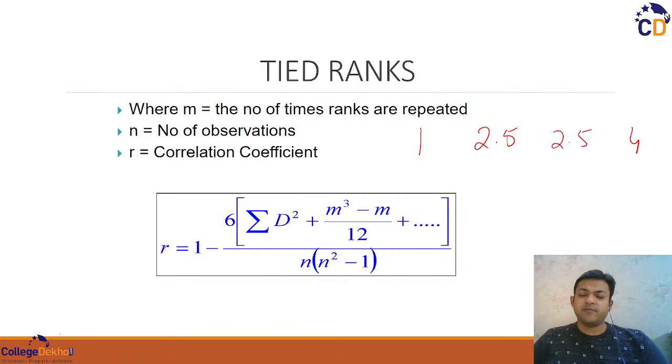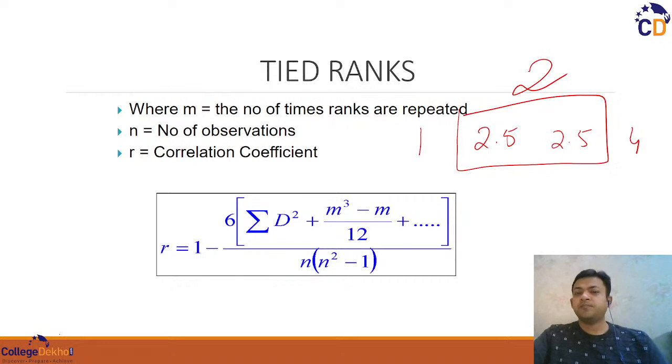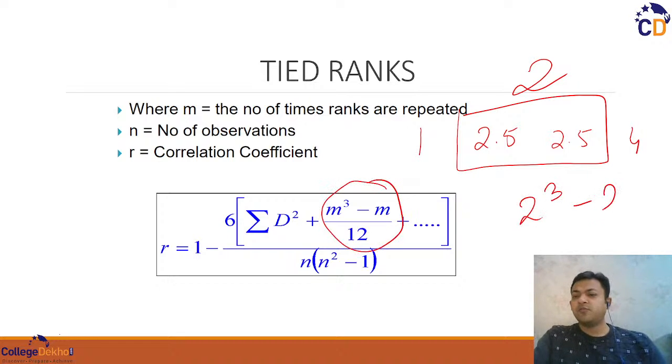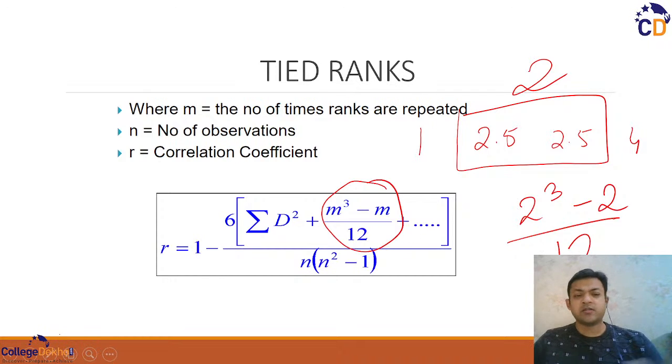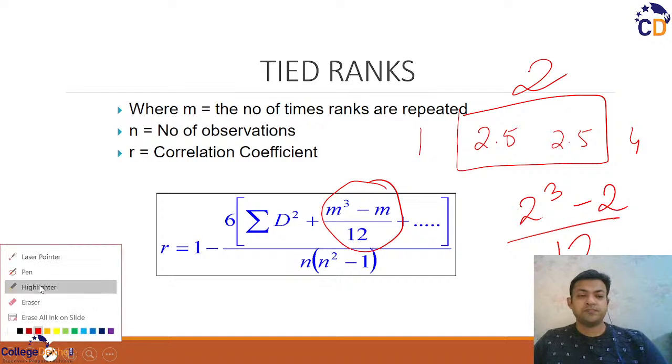In such a case, how many tied cases are there? Two in all. So this term would become 2 cube minus 2 divided by 12. So that is 8 minus 2, 6 over 12, 1 over 2. The rest remains the same, nothing else changes.